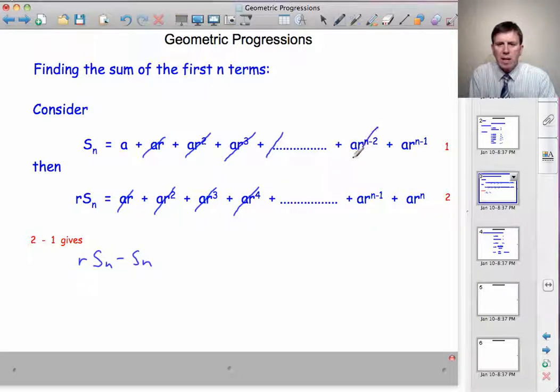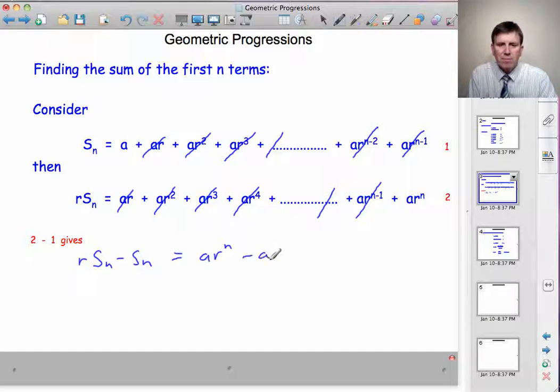And here this ar to the n minus 2 will be cancelled out by 1 there. They cancel out when the subtraction takes place. And the only two terms on the right-hand side that don't cancel out are this one, because there's no ar to the n to take away from it, and this one, which is subtracted, but there isn't an a term to subtract it from. So basically, the right-hand side becomes ar to the n, from this line we're subtracting from, minus a.